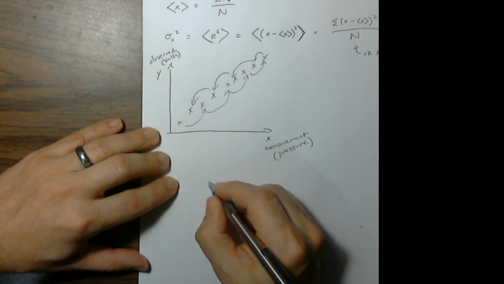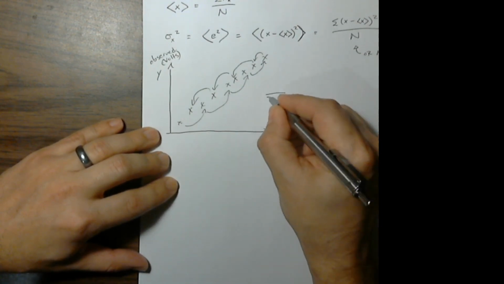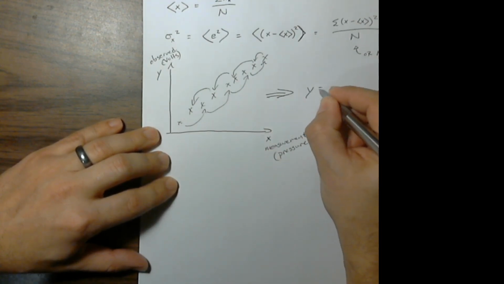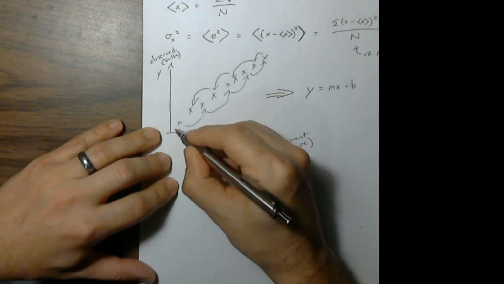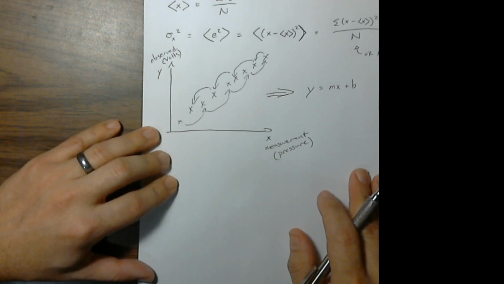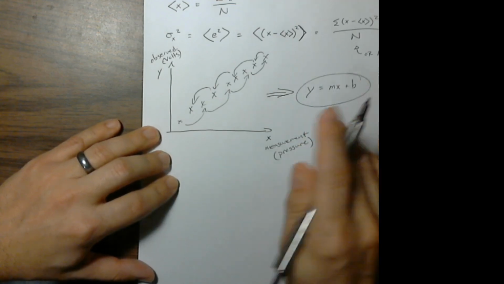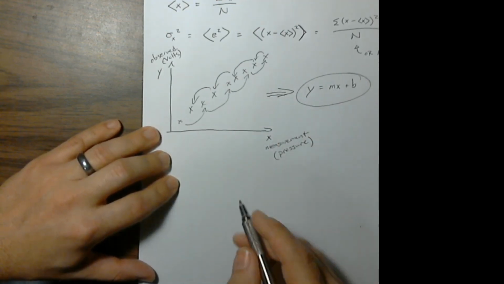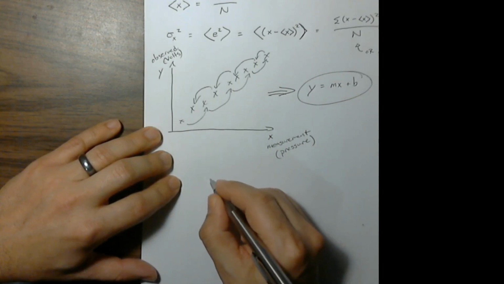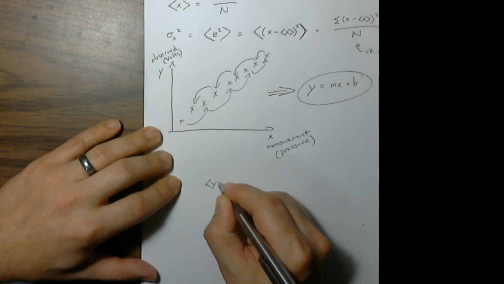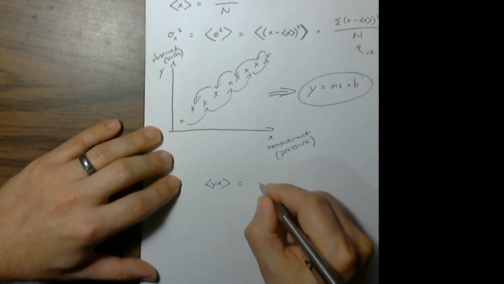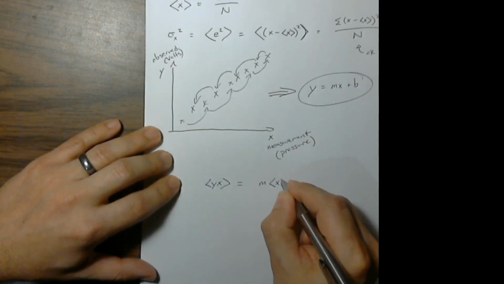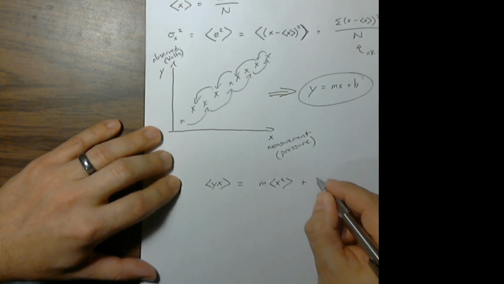Last time we also showed that if we want to use a calibration of this form, y is equal to mx plus b, if we want to use a straight line to try to approximate these data, then we came up with expressions for this. We showed that the expected value of x times y for all of these data points is equal to m times the expected value of x squared plus b times the expected value of x.